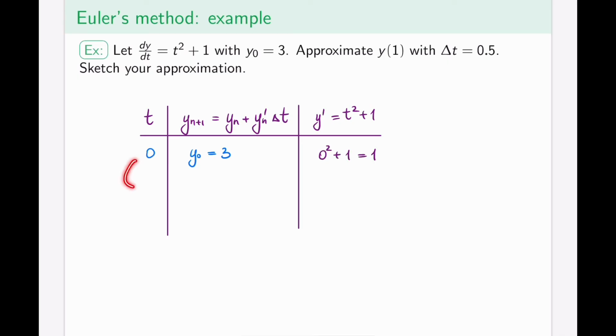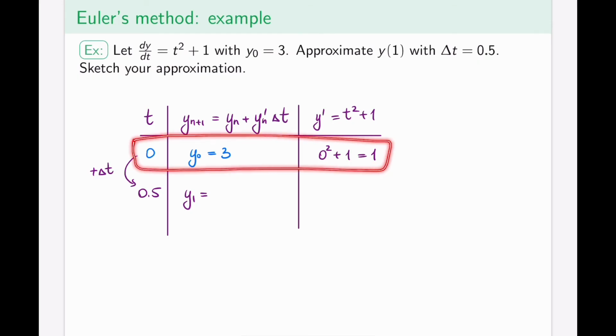Now, the next value for t is going to be calculated using my step size. So I'm going to be adding the step size here. My step size is 0.5, so my next t value is going to be 0.5. Now, what I'm going to be computing here is y1, my first approximation. I'm going to be using all the information from the previous row to plug into this formula to produce the next value for y.